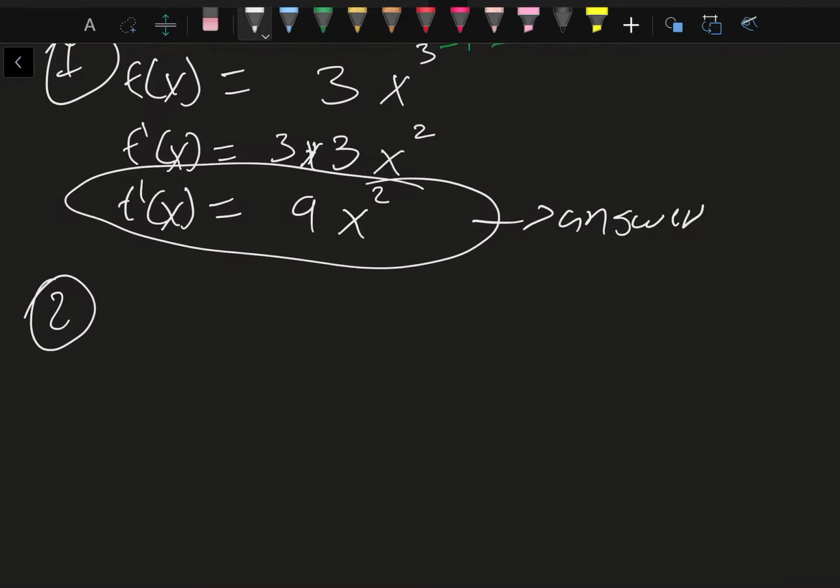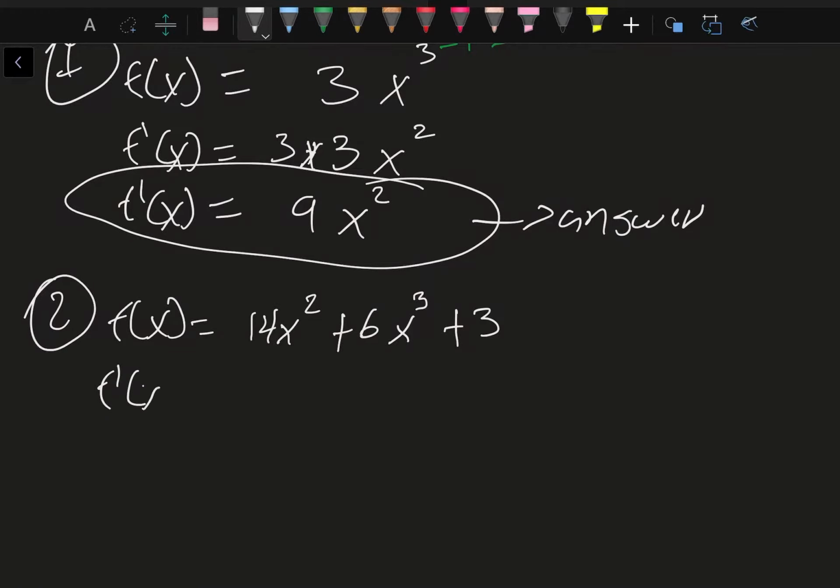So let's do another example. Number 2. f of x is equal to 14x squared plus 6x cubed plus 3.